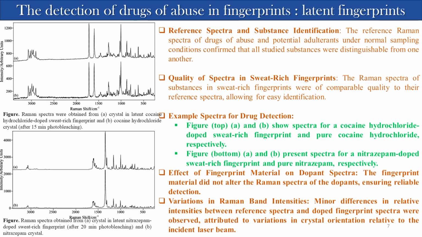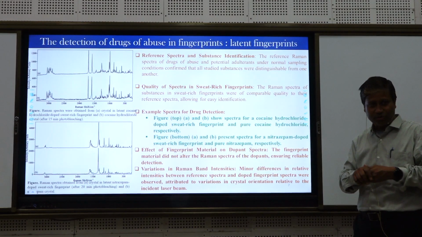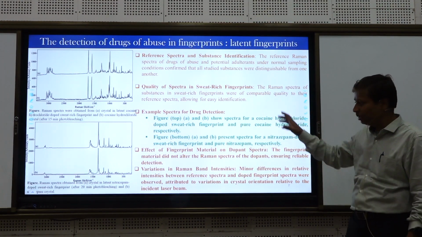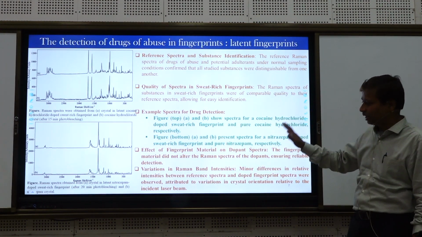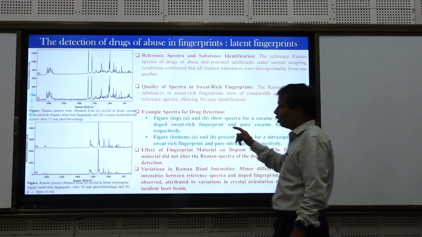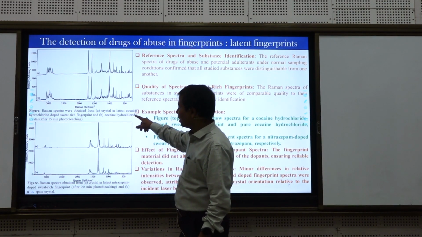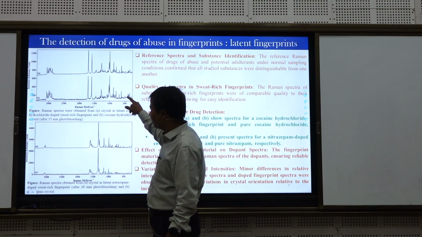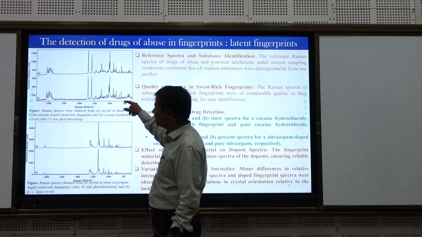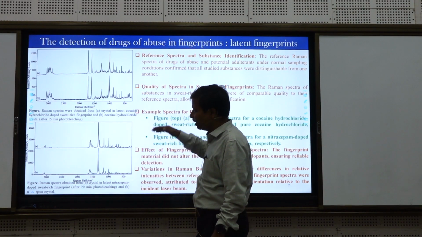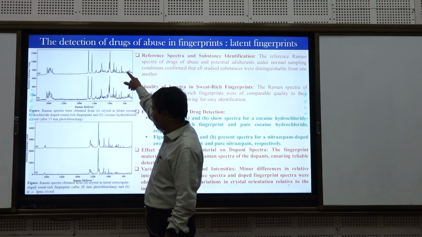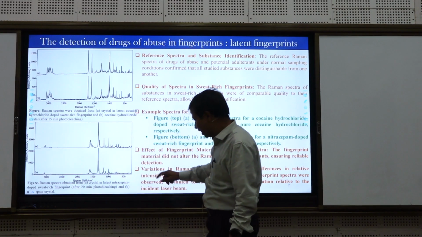So cocaine hydrochloride: if somebody has taken cocaine and that cocaine is sticking to your finger and you have used that finger for any purpose, anywhere you have touched, then from that fingerprint one can analyze the cocaine. So these are cocaine hydrochloride crystals after 15 minutes of photobleaching. Photobleaching is mainly necessary for bleaching the fluorescence, and this one is that with a fingerprint.